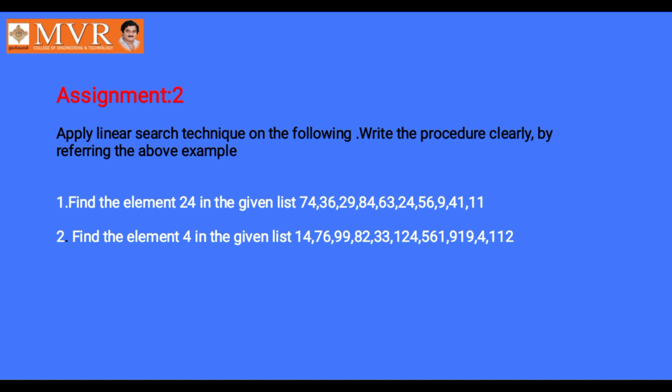You have to perform the linear search procedure on the two problems, clearly specifying each and every step neatly, and submit the assignment within 3 days, that is by Wednesday. In the first list you have to search the element 24, and in the second you have to search the element 4 in the next list of elements.